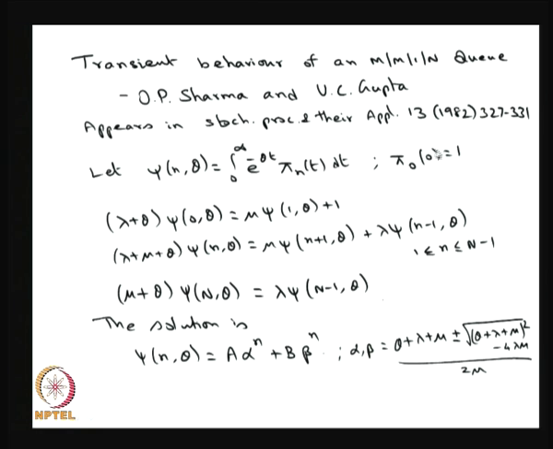So use this initial probability vector and apply it to the forward Kolmogorov equation, and taking a Laplace transform you will get a system of algebraic equations. Since pi 0 of 0 is equal to 1, you will get the first equation with the term 1 and all other terms are going to be 0. And you know the Laplace transform of the derivative of a function.